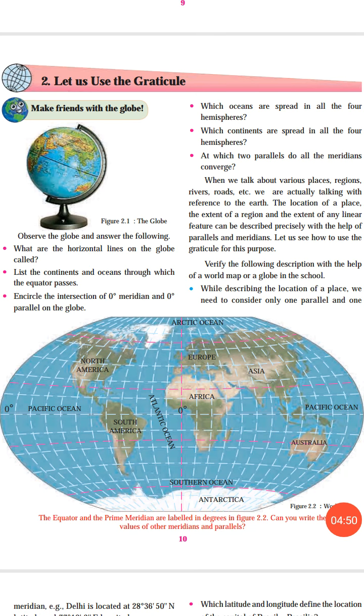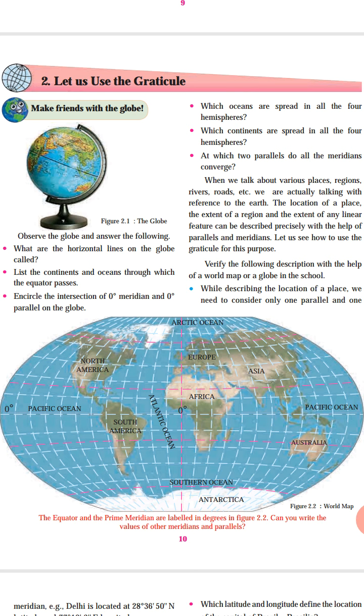Now students, on the first page of this chapter, you can use the globe and answer the following questions. First you have to take the globe, or you can use the map also. Observe the map and answer the questions. What are the horizontal lines on the globe?